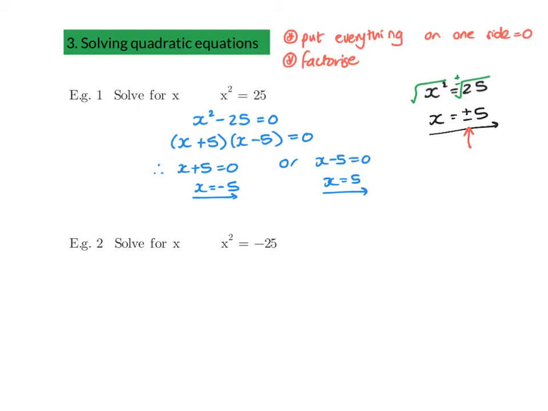Now let's think carefully. I need to have two values that multiply together to give me negative 25. If I was to do it the way I did the previous question on the right, x squared is equal to negative 25, and I root both sides, I've got a problem because I can't find the square root of negative 25.